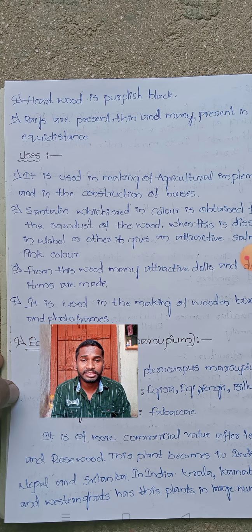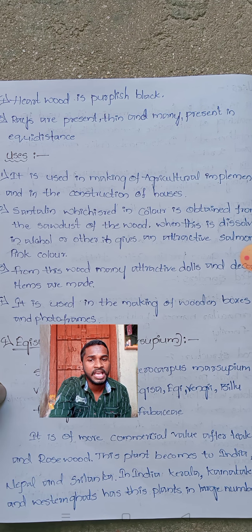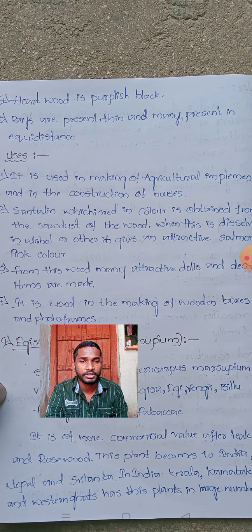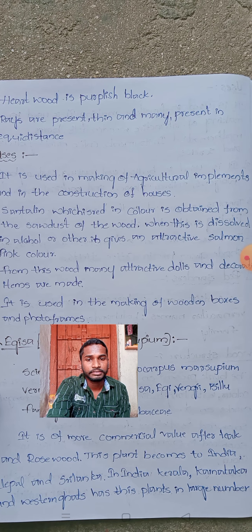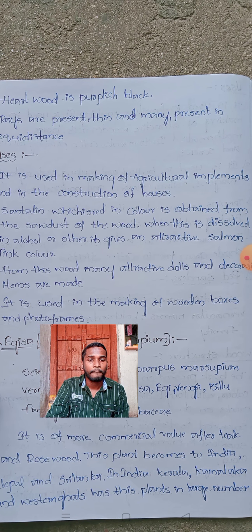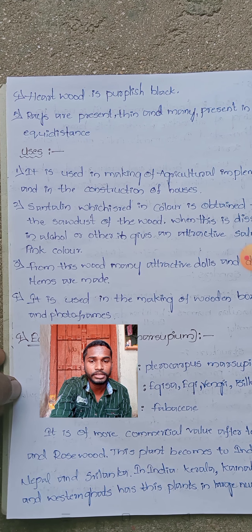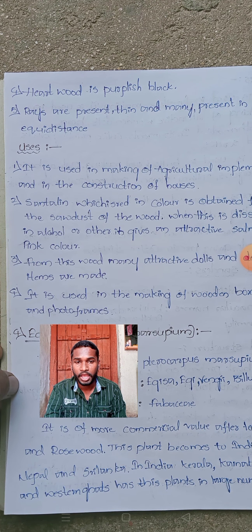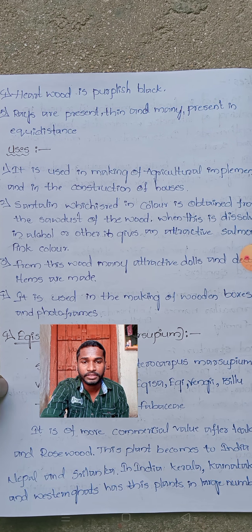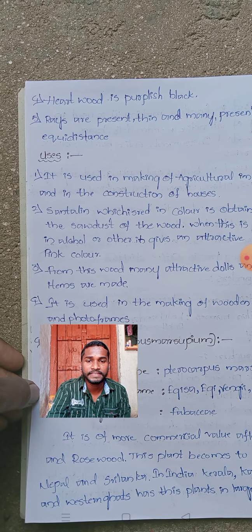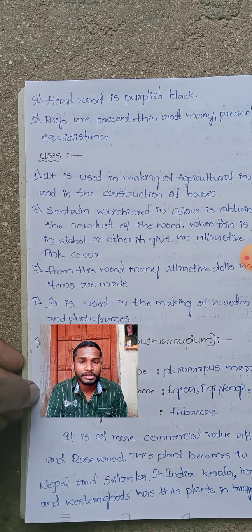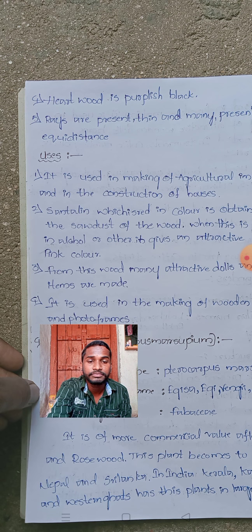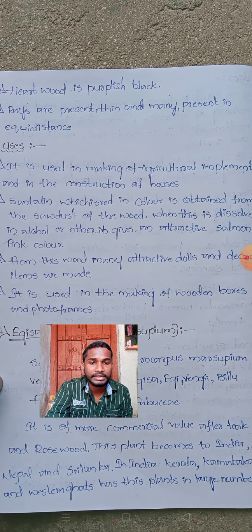Uses of red sanders: it is used in making agricultural implements and in construction of houses. Santalin, a color obtained from the sawdust of the wood, when dissolved in alcohol or ether gives an attractive salmon pink color.